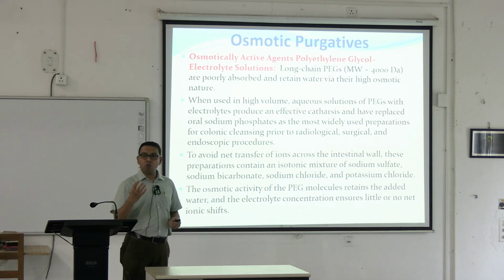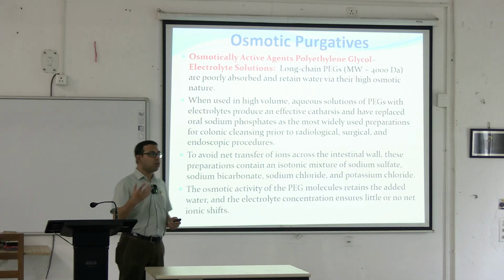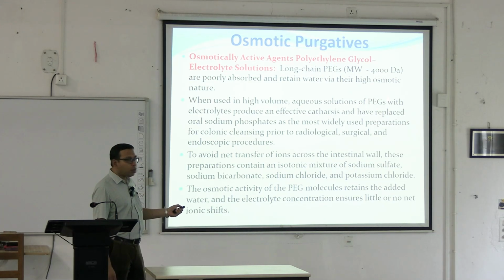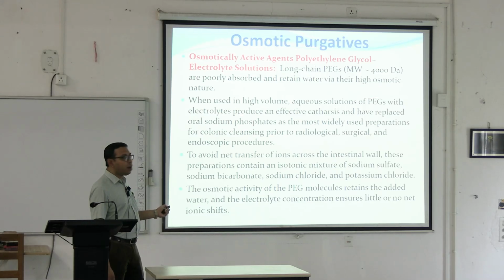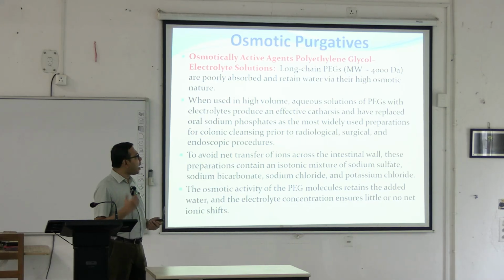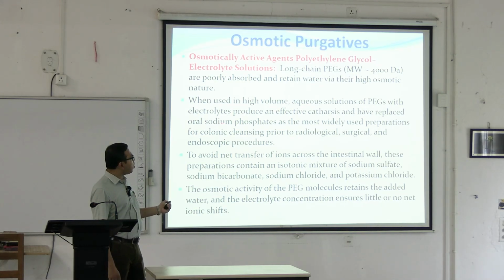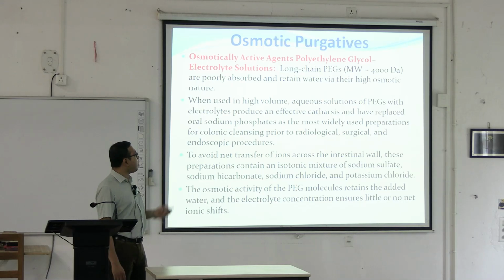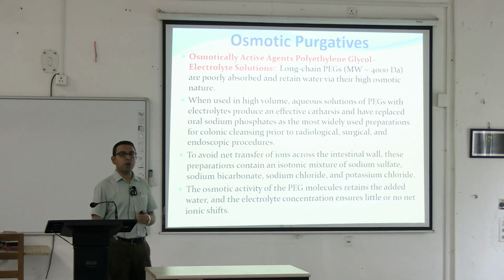When used in high volume, aqueous solutions of these polyethylene glycols with electrolytes produce an effective catharsis, a more effective purgative action. They have replaced the oral sodium phosphates as the most widely used preparations for colonic cleansing before radiological procedures, surgical procedures or endoscopic procedures.